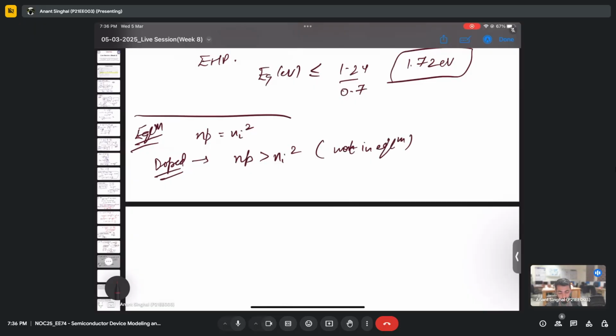Since we have this non-equilibrium state, whenever the equilibrium state is disturbed and we are not applying anything further, there exists a process by which the system tries to restore the equilibrium. In this case, I have done carrier injection, due to which equilibrium is disturbed.